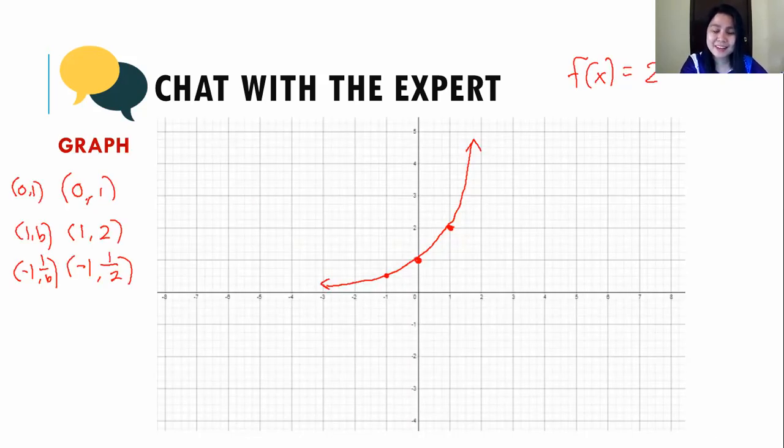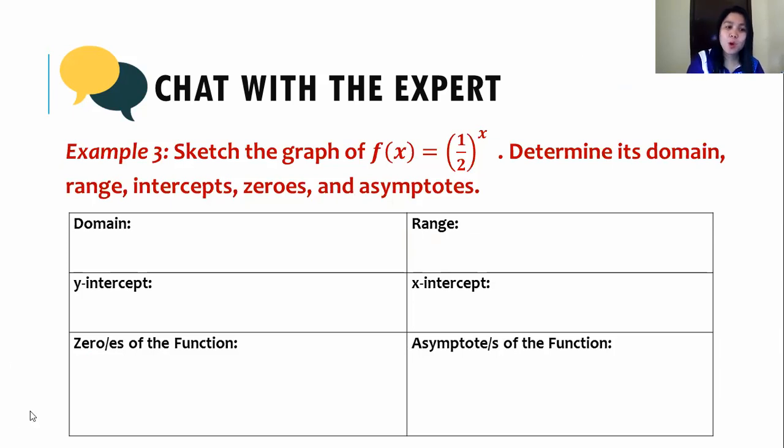Let's go to the next example. Okay, 1/2 to the power of x. What's the domain? You just need to memorize it. All real numbers. What's the range? All positive numbers. What's the y-intercept? 0, 1. What's the x-intercept?